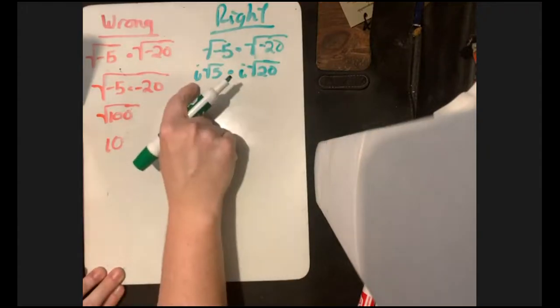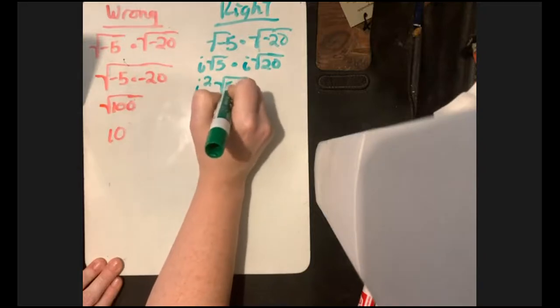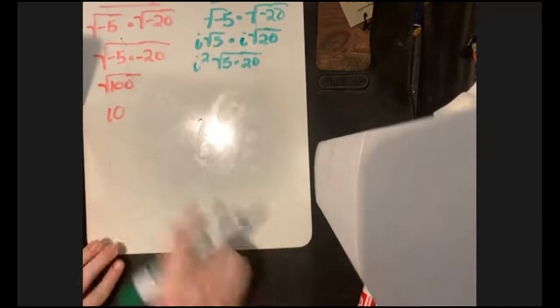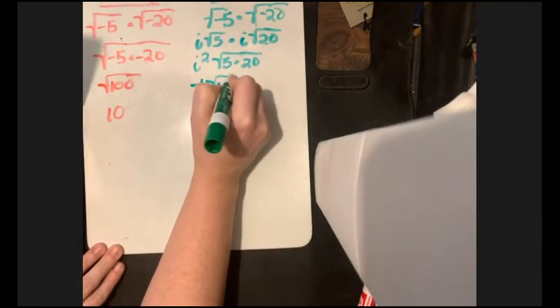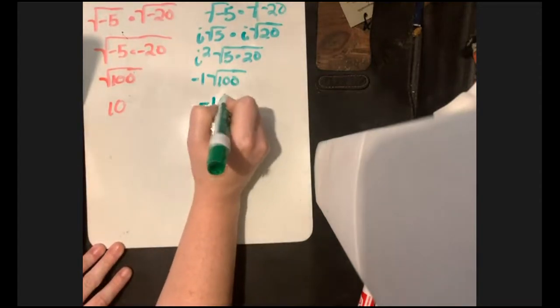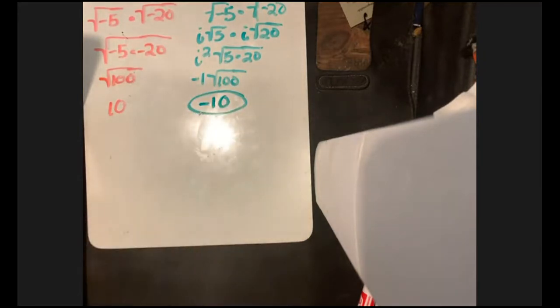Now I can do i times i on the outside, so it's going to be i squared, and then I can bring those back together. i squared is -1 times the square root of 100, and that is going to be -10. Negative, and then that'll come out to be a 10 out of that square root of 100.